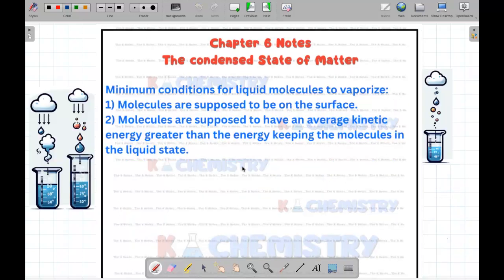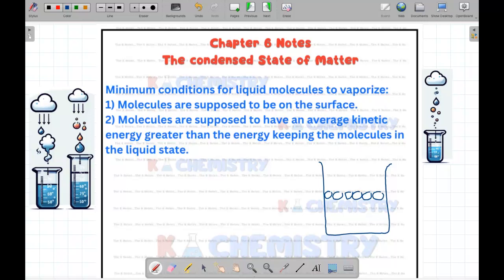What are the minimum conditions for the liquid molecules to vaporize? The molecules first have to be on the surface. So the surface molecules will be able to vaporize easily, and they will have a higher kinetic energy than the energy that's keeping them in the liquid state. So I have two forces.